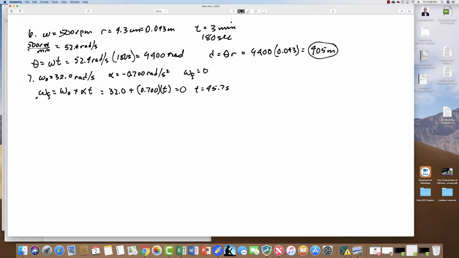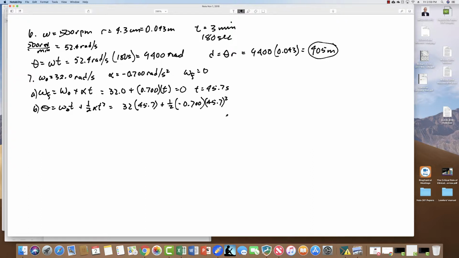Well, how far does it travel? So that's how long it takes for it to stop. How many revolutions does it make when it stops? Again, theta is equal to omega naught t plus 1/2 alpha t squared equals 32 times 45.7 plus 1/2 times minus 0.700 times 45.7 squared.